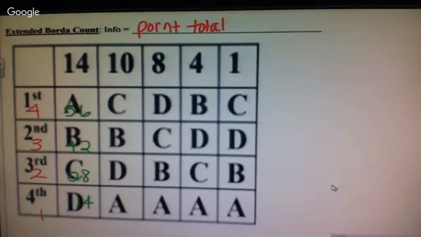Yes, this is exactly what we've been doing. Your second column goes by tens. So we go 10, 20, 30, and 40. My middle column goes by 8s. 16, 24, 32. Good. My next one goes by 4s. So we've got 4, 8, 12. And the last one goes by 1s.